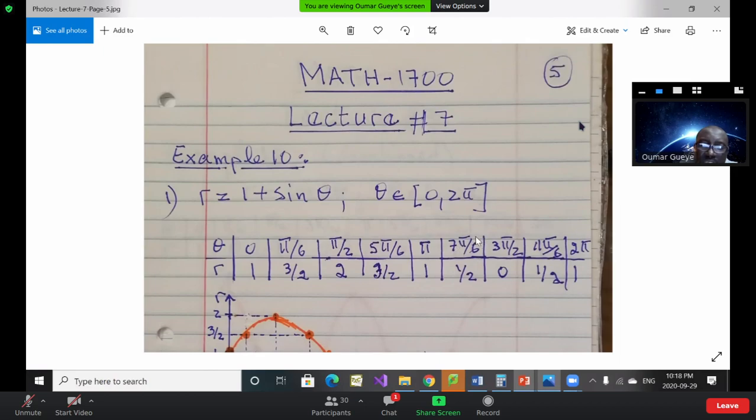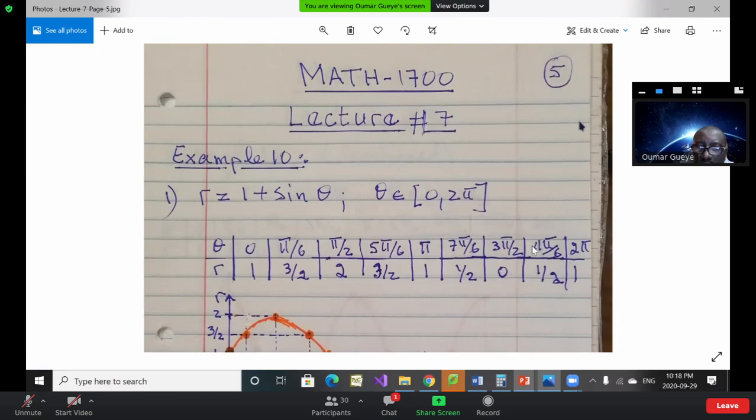7 pi by 6, so sine is going to be negative 1 over 2, and plus 1, you will get 1 over 2. At 3 pi over 2, the sine of 3 pi over 2, as you know, is equal to negative 1. So you add 1 here. That's why we got here r equal to 0.